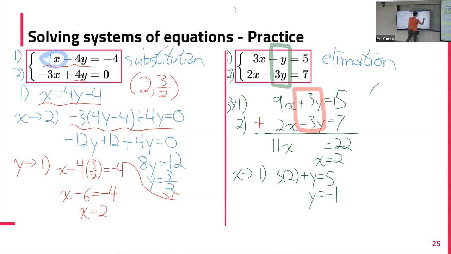So solution here, -1, 2. Sorry, wrote that in the wrong order. (2, -1). Okay.